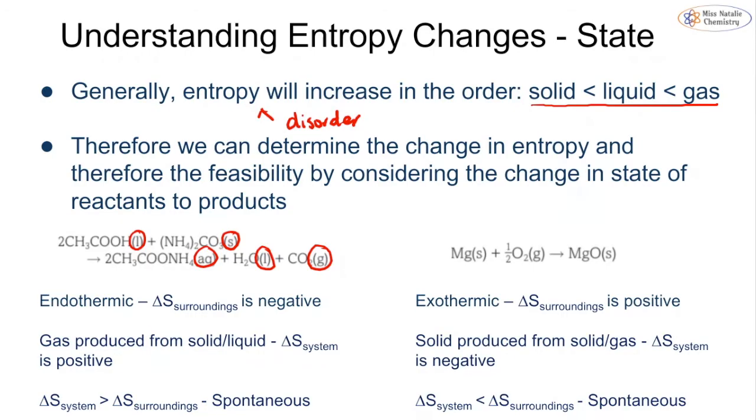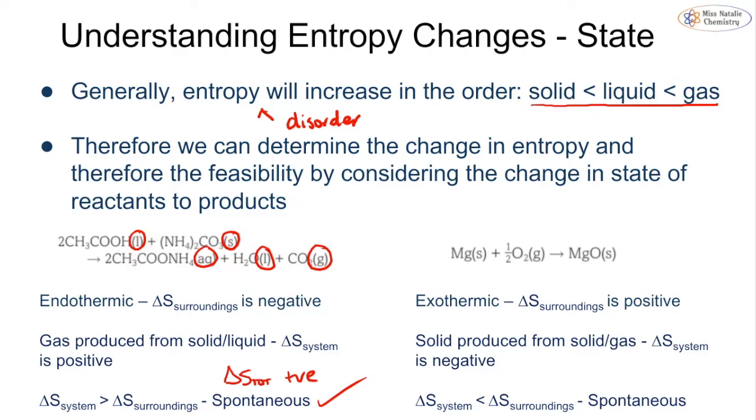That's going to give us a huge increase in our entropy, meaning our entropy of system is a positive value, and we're going to have a higher magnitude of our entropy of system in comparison to our entropy of surroundings, meaning that the entropy total is going to be a positive value, therefore that is a spontaneous reaction.